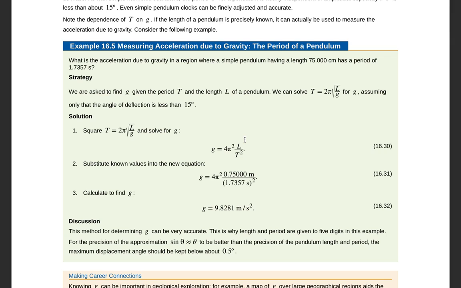And now we have what we need. We have 4 pi squared, which is just a constant. You have 0.75 meters, because we turned the 75 centimeters into meters. And we have our period, 1.7357 seconds squared. That gives us roughly 9.828 meters per second squared. So that's fairly close to what gravity is.